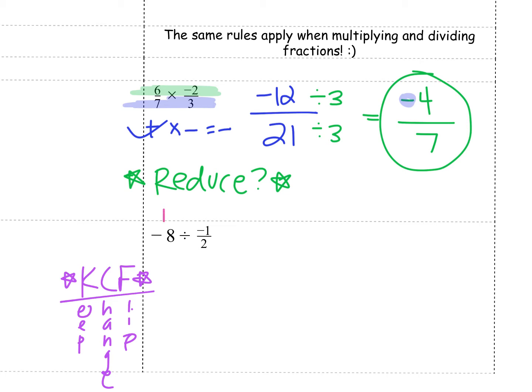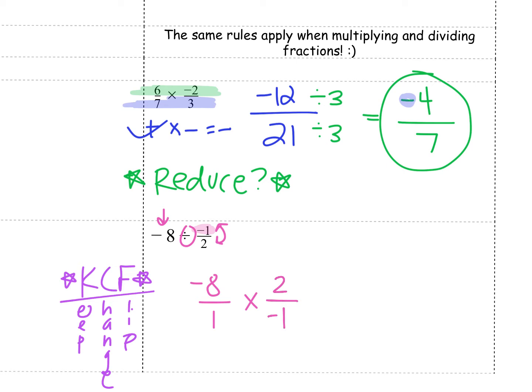Keep the first number the way it is. Negative 8 is still negative 8. We want to make it a fraction, so put it over 1. Change dividing to multiplying and flip the last one. Make sure that when you flip, you don't lose the negative. I'm going to keep it with the 1 that it's on, so I'm going to write 2 over negative 1.